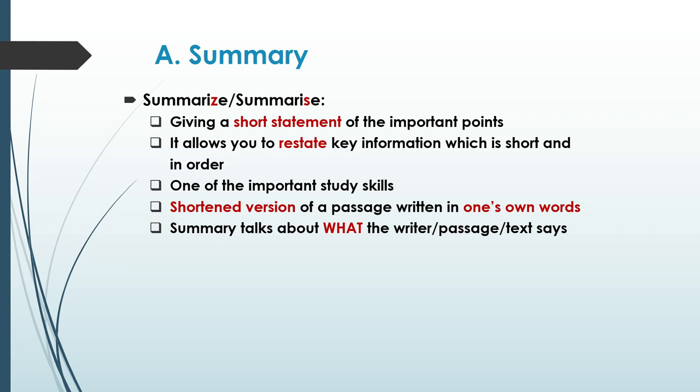So this is what summary talks about. It talks about what the writer, the passage, or the text says. So somehow it is the test of your memory, but you have to write it in your own words, and all the important points have to be written.